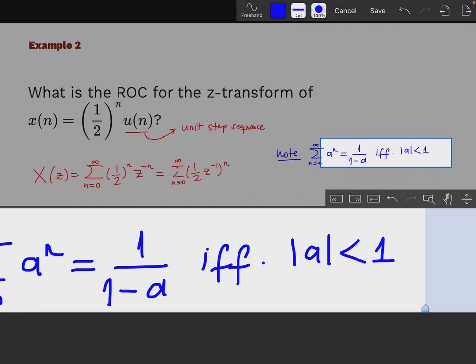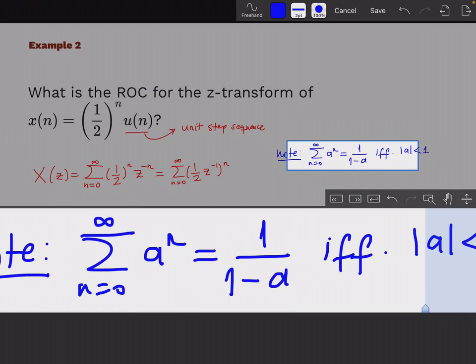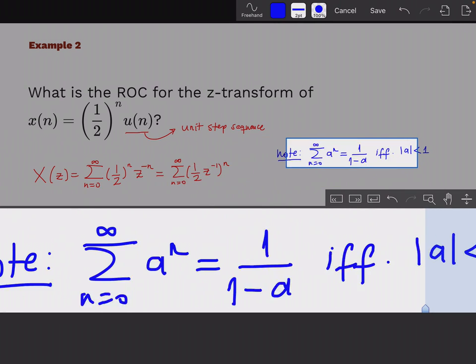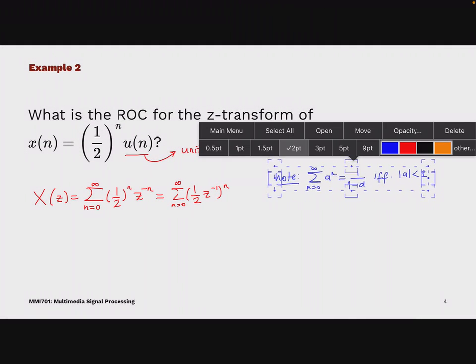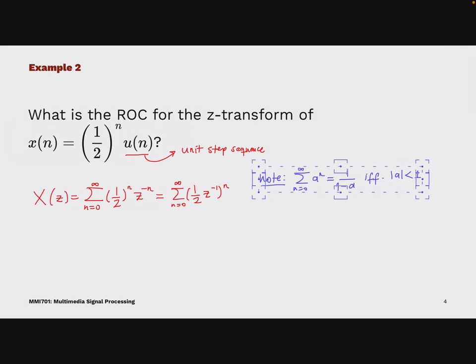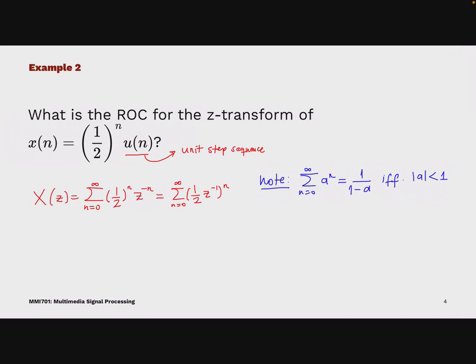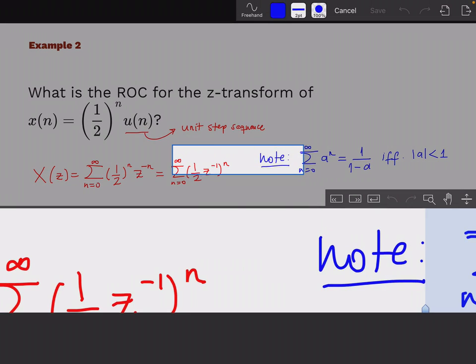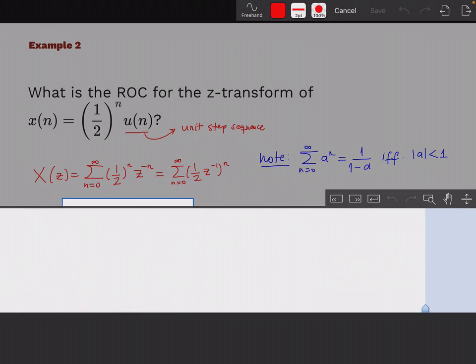Otherwise, it's not going to converge. Let me make this a little bigger for you to see it clearer. Okay, that's good. Let's continue where we left off.